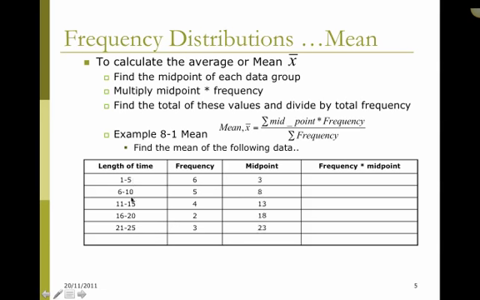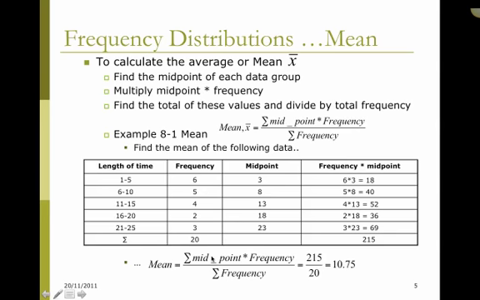The midpoint of the class then is 3, 8, 13, 18, 23. Frequency times midpoint, you can see here. So we're going to add all these up, and we're going to add all these up, and then our mean is this figure divided by this figure, which in this case is 10.75.